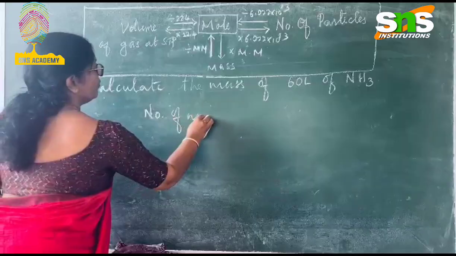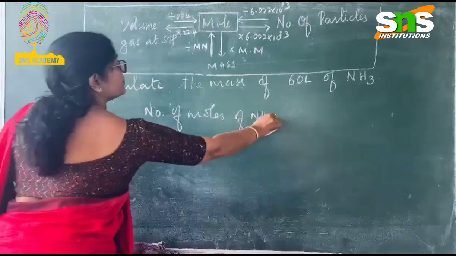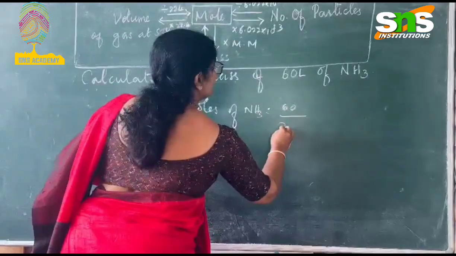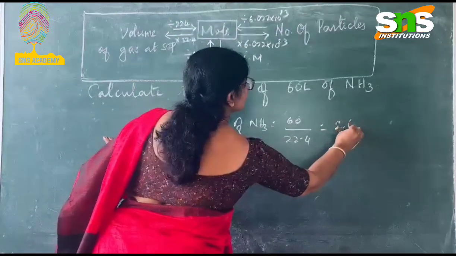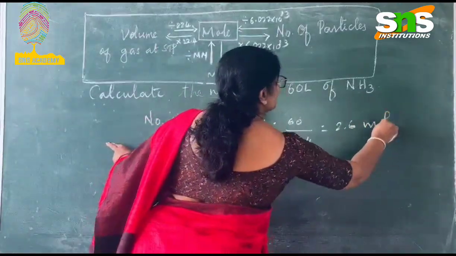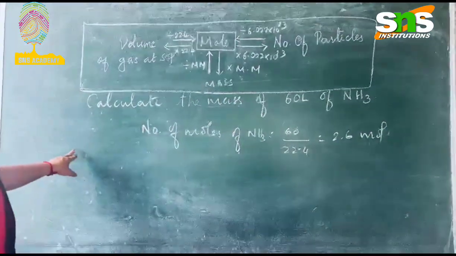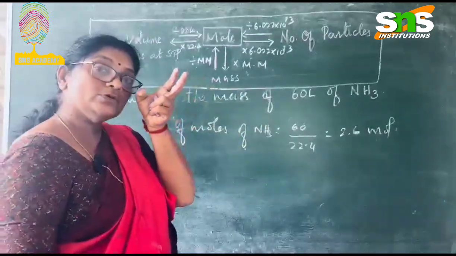Number of moles of NH3 is equal to 60 divided by 22.4, and if you divide, you will be getting it as 2.6 moles. Okay, so 60 liter of ammonia will be containing 2.6 moles of it.